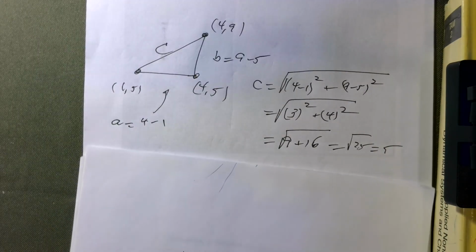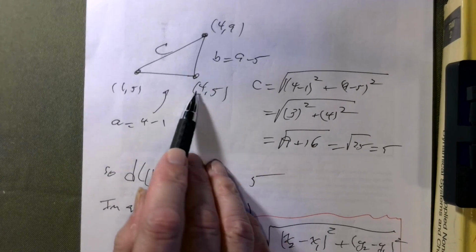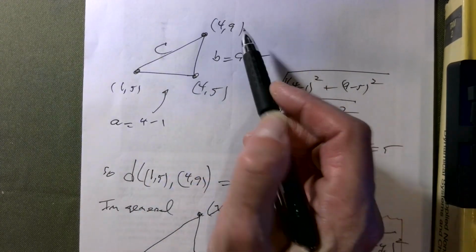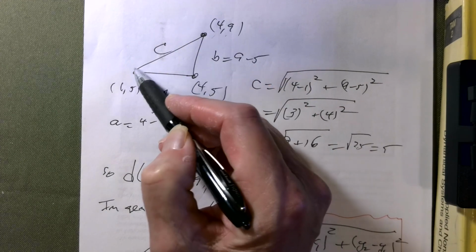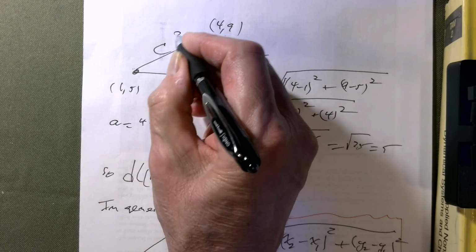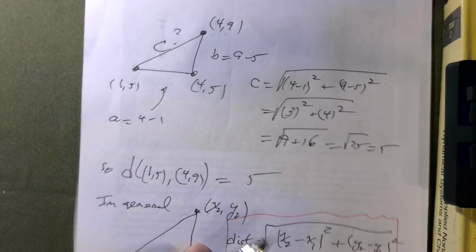So to take an example, suppose we go back to the points that we had, 1, 5, 4, 5, and this one is 4, 9, and we want to find this distance right here. So we don't know what that is. So what does the Pythagorean theorem tell us to do?